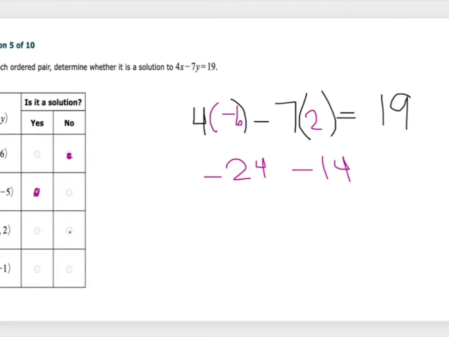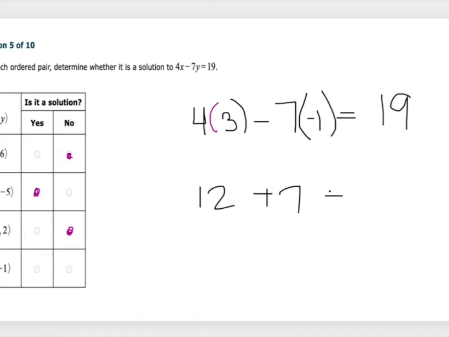So that will be a no. And the last one is a 3 and a negative 1. It's a 12 plus 7 is 19, and that one does work, so we'll say yes.